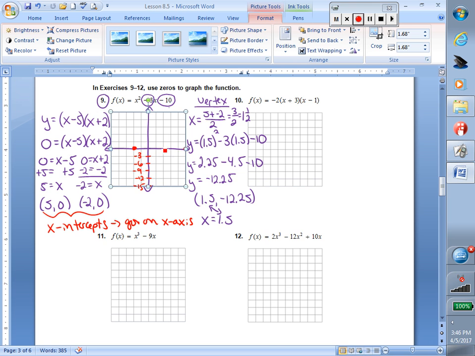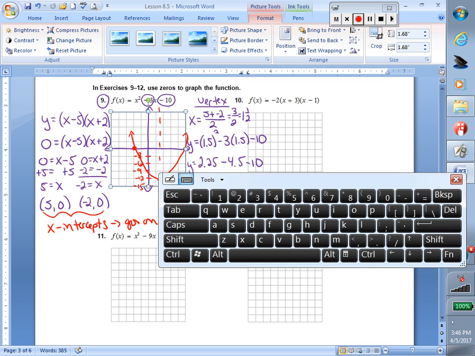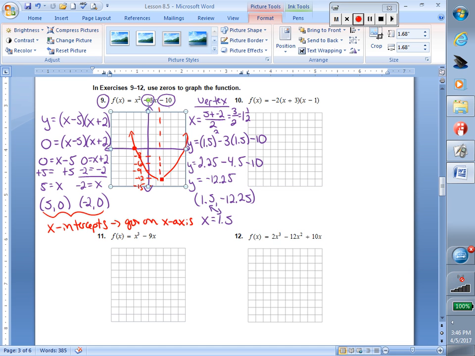So I go over 1.5 boxes, and I go down 12 boxes, and then just a little bit for a 4. Remember, these graphs for us are just sketches, so we do our best to graph those fraction or decimal points. If you want to draw it in, remember the axis of symmetry cuts right down the middle.